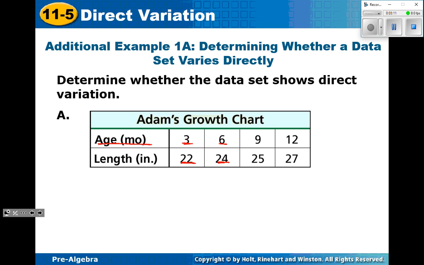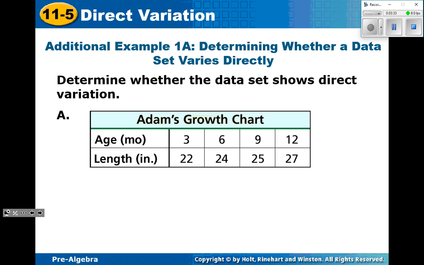We should know that this is a ridiculous example for direct variation, because it's not going to contain the point (0, 0), because that would mean when Adam was born, he was 0 inches long, and we all know that is not true.